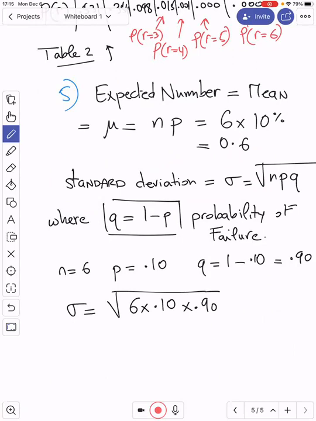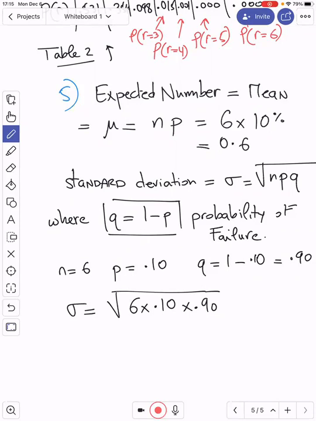So don't forget, guys, first you have to do what's under the square root, right? So under the square root, you have 6 times 0.10 times 0.90.